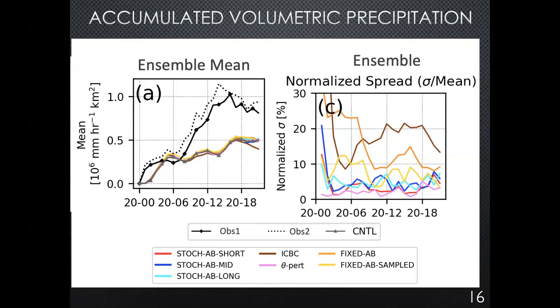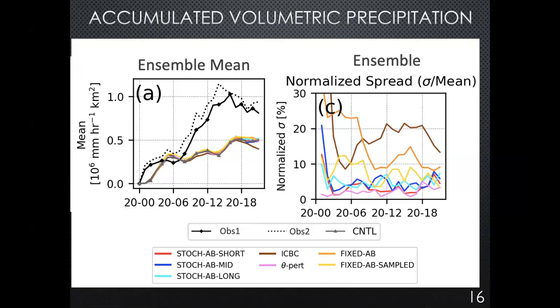So again, a fixed parameter ensemble, but we randomly sample the parameters and they produce the next highest sensitivity. And then finally, our 3 stochastic ensembles are shown in red, blue, and cyan, with the theta perturbation ensemble in the pink color. And we see a couple of things, notably that the stochastic ensemble produces a relatively small spread, under 10% in the domain total rainfall, that does generally exceed the theta perturbation ensemble.